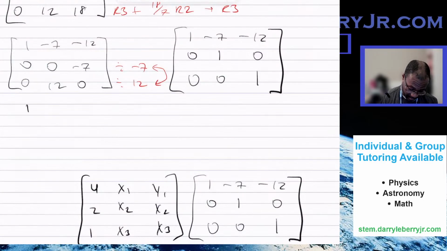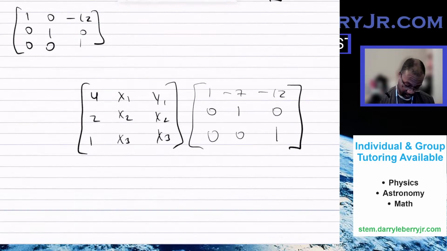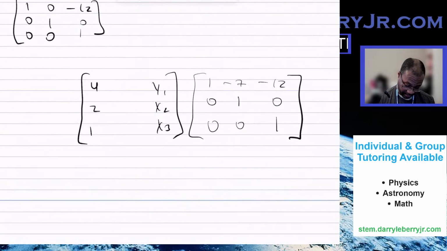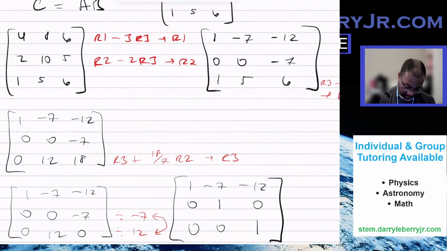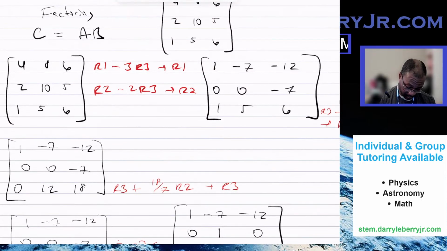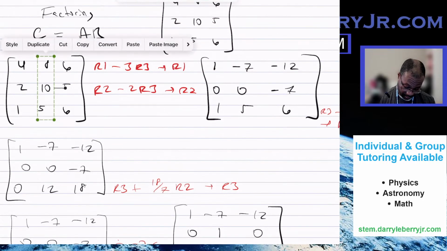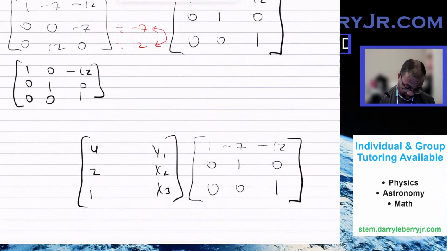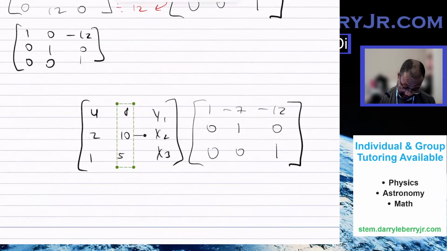So I have 1, 0, 0, 0, 1, 0, negative 12, 0, 1. So we know this is going to be the same as the original one as well. I would just have to figure out the last one.